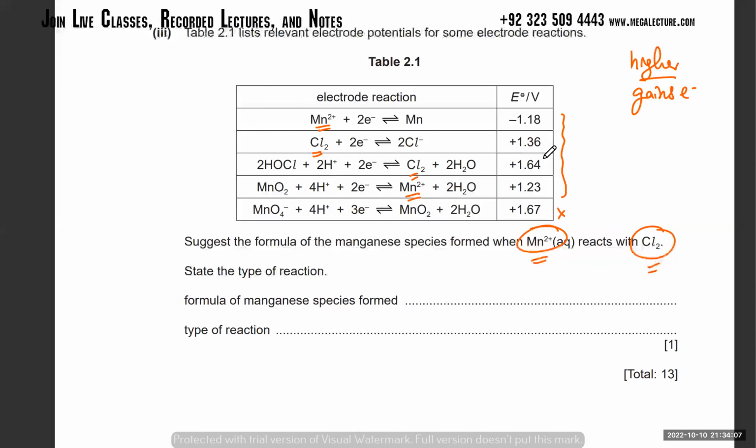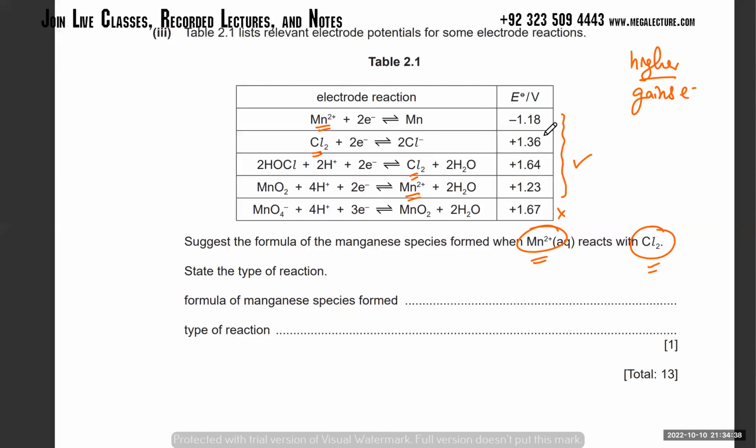Right now it's 1.64, but it's the wrong one, because that means HOCl is the one that's going to gain electrons. We don't have HOCl as a reactant. Is that clear? Yes, sir. So I'm rejecting it, because although it is obviously the higher potential, it's something else that's gaining electrons. So you can't select that.